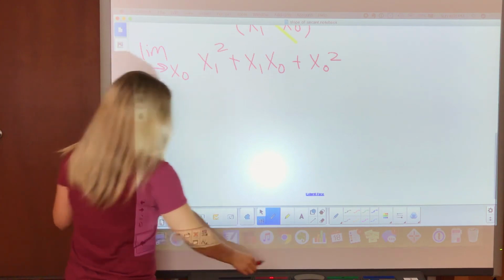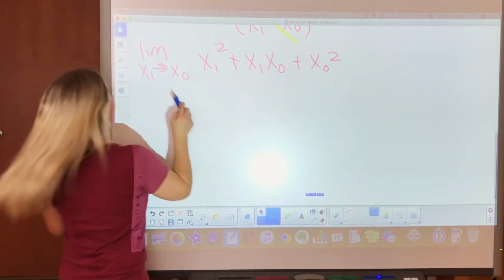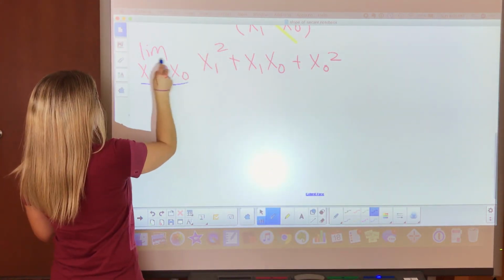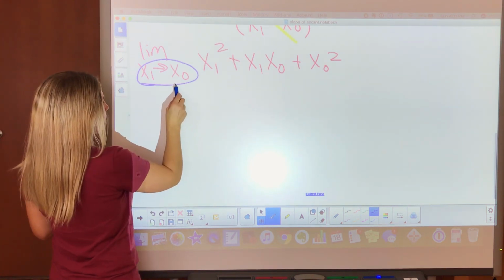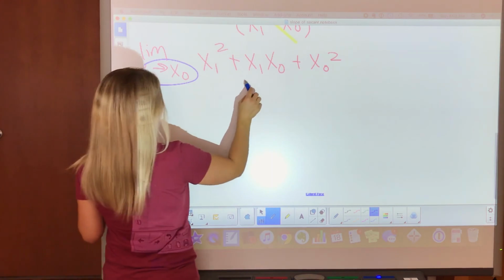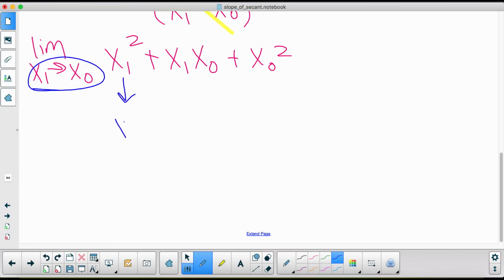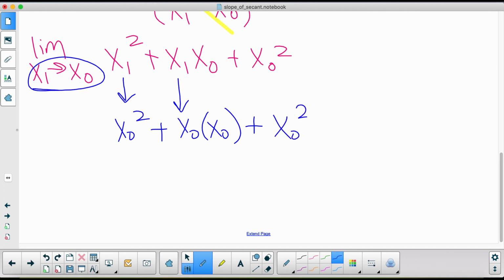Now all we have to do is take our x sub 1 and plug in x sub 0. So every time you see x sub 1, you're going to plug in, so this guy is going to become x sub 0 squared plus x sub 0 times x sub 0 plus x sub 0 squared.